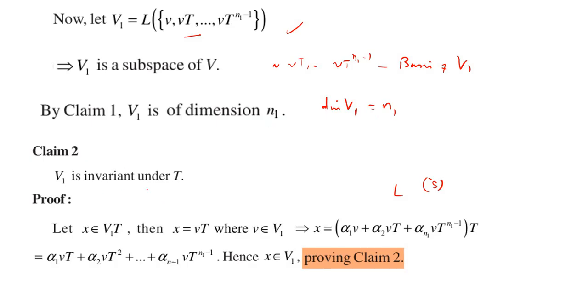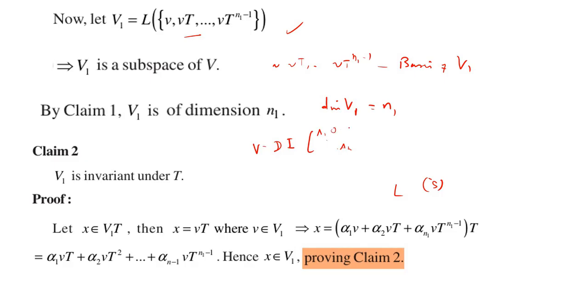Now we claim that V1 is invariant under T. Why we need all this is, we said in the basic lemma that whenever V is a direct sum of invariant subspaces, each invariant subspace induces a linear transformation, so that we have a basis in which the matrix of T takes this particular form A1 through Ak.